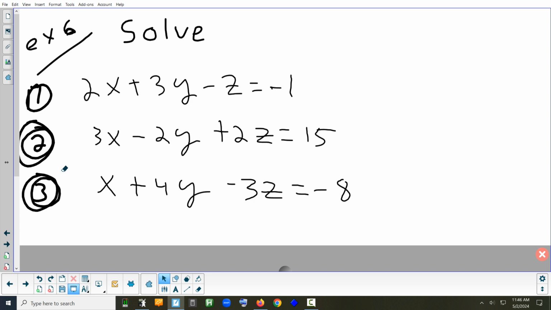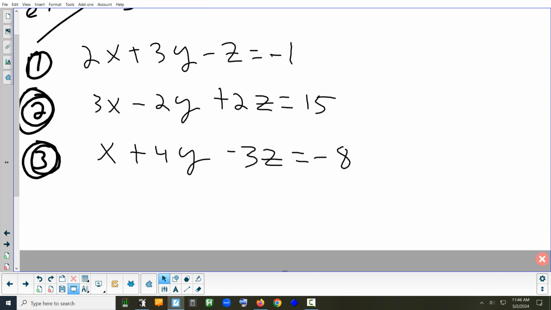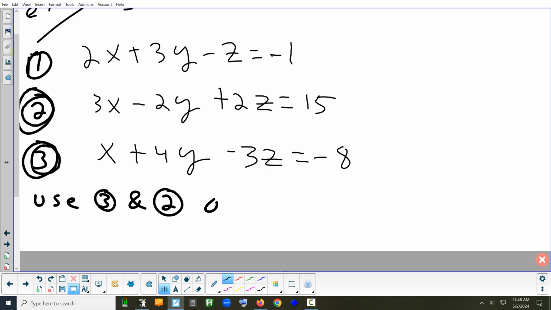All right, so what letter did I suggest we try to eliminate? Okay, we're going to try to eliminate x. And what 2 equations do you want to use first to do that? 3 and 2. Okay. So we're going to use equations 3 and 2 and eliminate x.